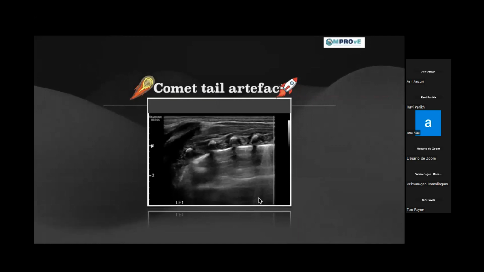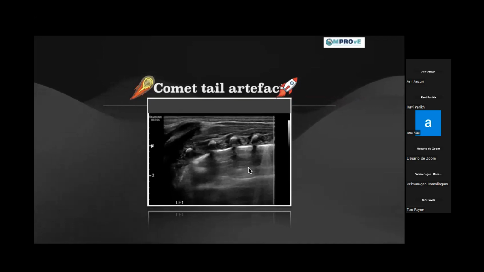If it doesn't reach the bottom of the screen, if it ends midway, that will be your comet tail artifact. Like the tail of a comet ending midway, or the flames of the rocket exhaust. It is not reaching the end of the screen, so we call that a comet tail artifact.